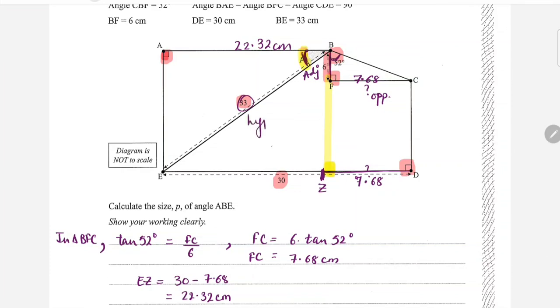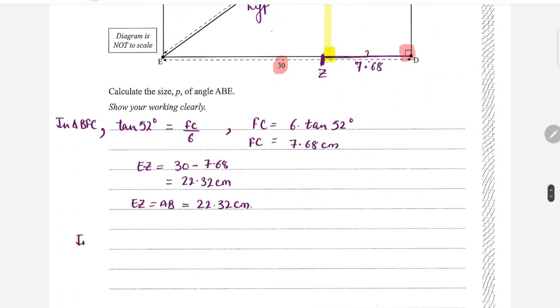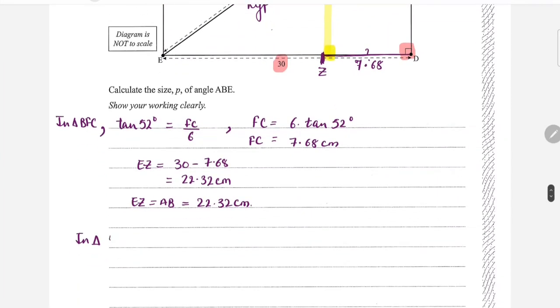Here we have hypotenuse and we have adjacent. Adjacent over hypotenuse, we'll use cos. So now in triangle, the name of this triangle is ABE, angle ABE.